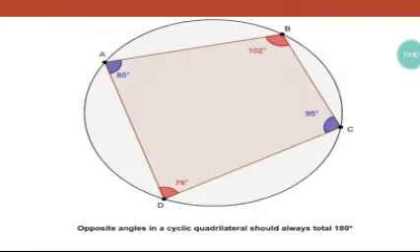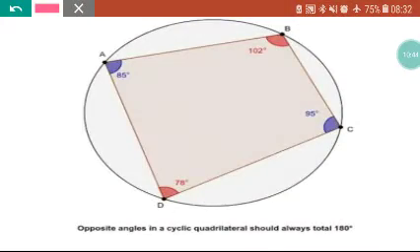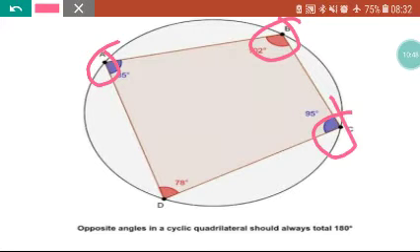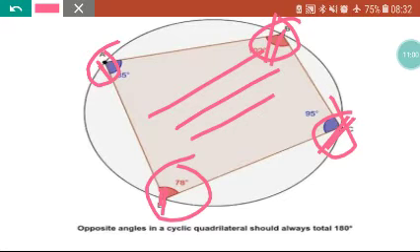See here. This is exactly a cyclic quadrilateral. See, this is vertex A, vertex B, vertex C, and vertex D. All are lying on a single circle. See, no different circle is there. All these vertices are lying on the circumference of the circle. So this whole shape is called a cyclic quadrilateral.